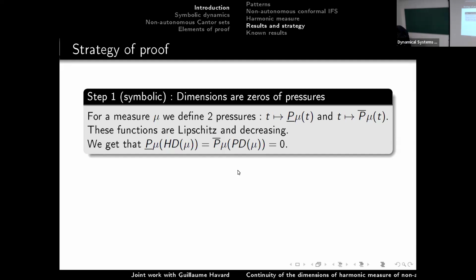This is not standard pressure with respect to a measure. Could it be topological pressure? No. I answered this again: we don't need it, I don't use it. Okay.